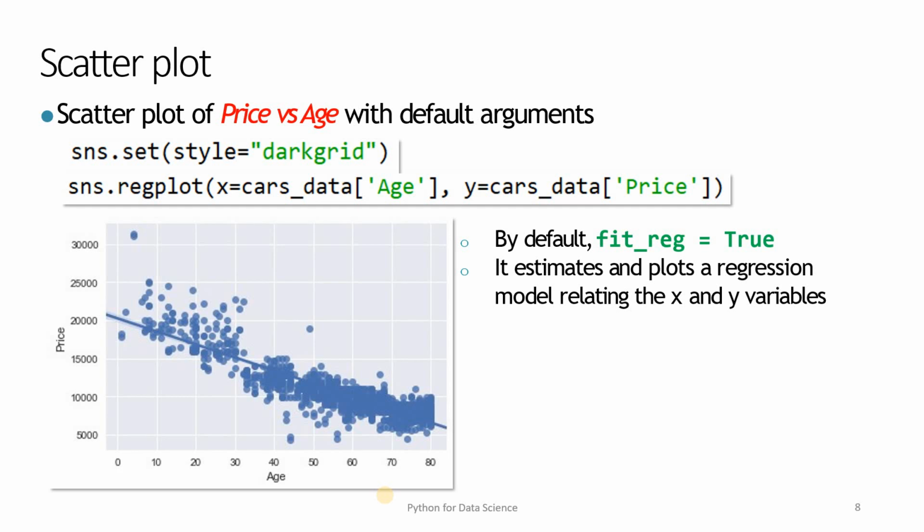Next we have how to create the scatter plot. Here we are going to plot price versus age, and that will be built using the default arguments. If you see the first line, I have given sns.set. That means we are giving a theme to the background of the plot, and the theme is darkgrid.